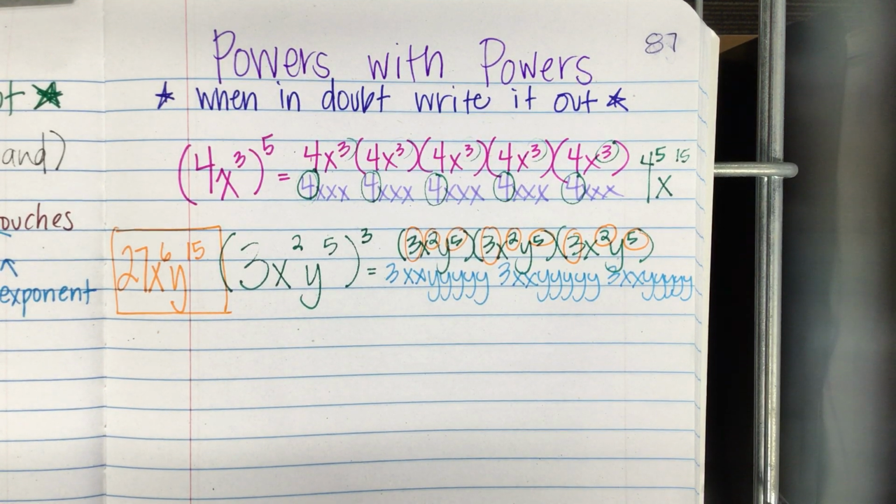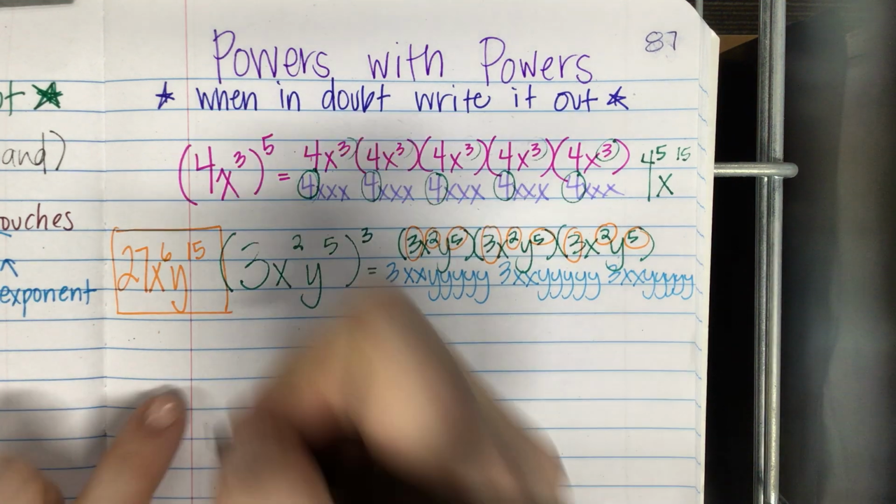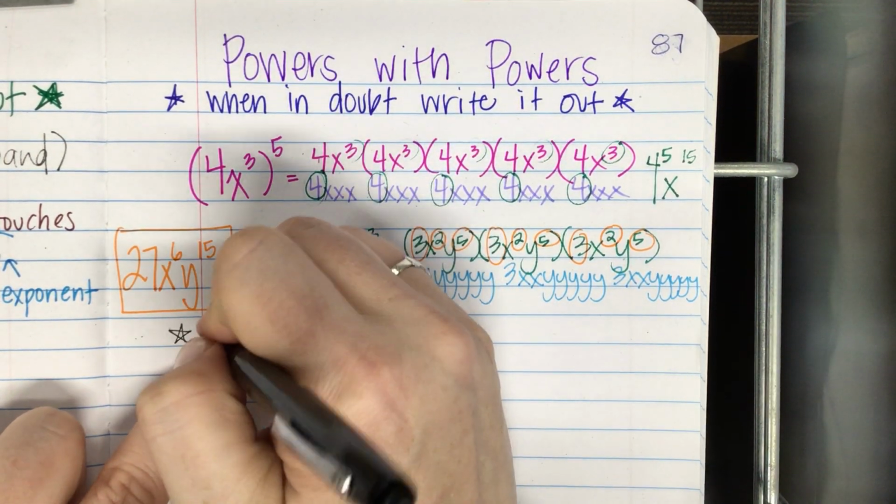Okay, so Phoebe said you could multiply the powers, correct? But here's a trick that you have to do. You have to put your coefficient to the power.